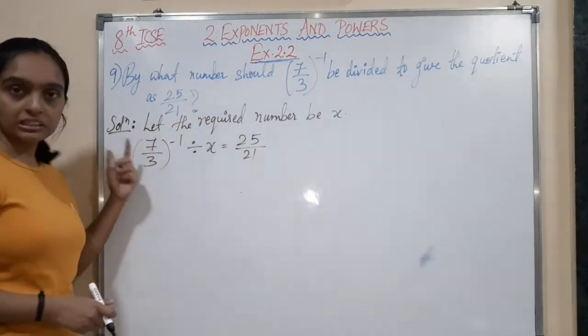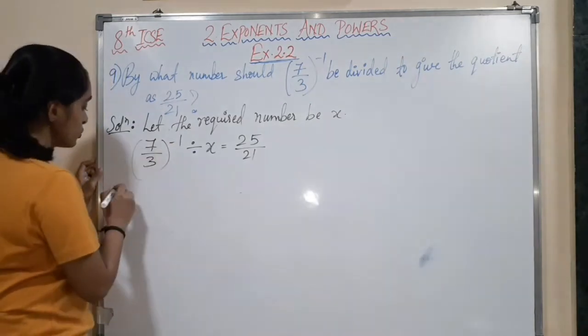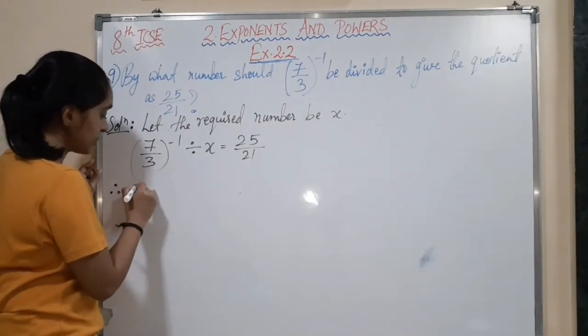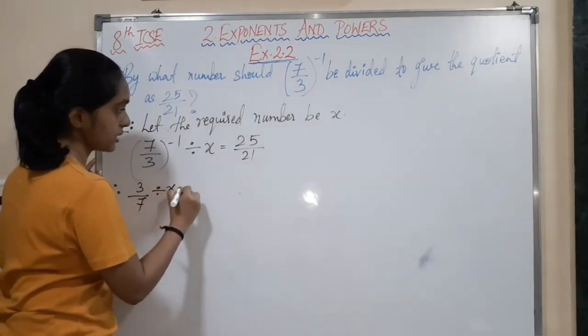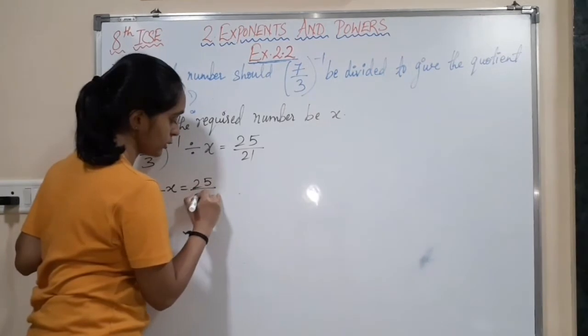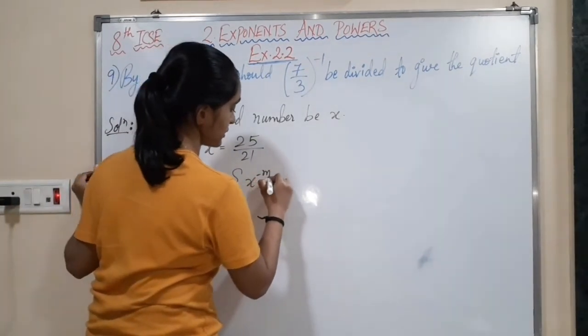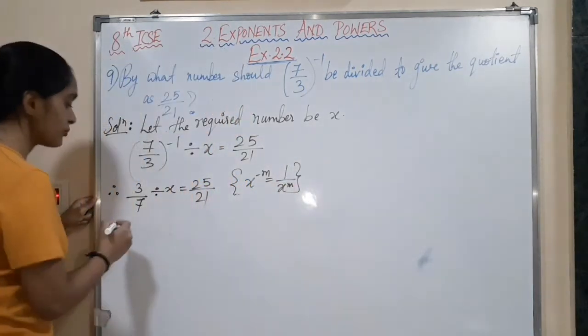So first we will take the reciprocal of this number to eliminate the negative exponent. So you will get 7 upon 3, so reciprocal will be 3 upon 7, divided by x equals 25 upon 21, using the law x raised to minus m equals 1 upon x raised to m. Okay.